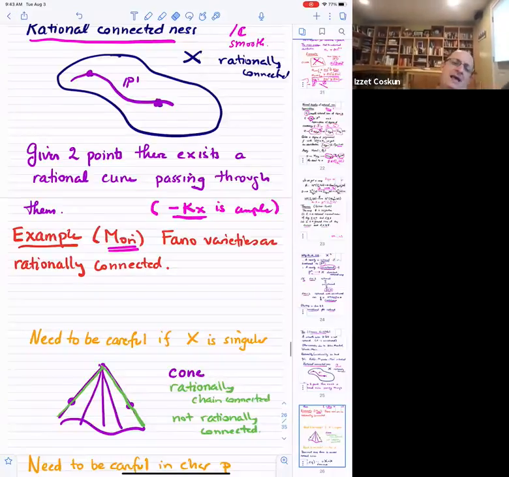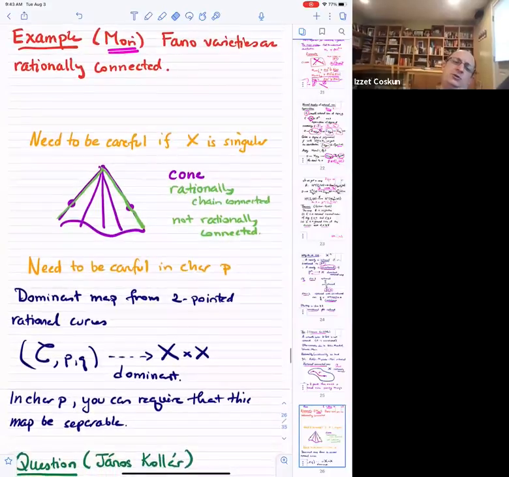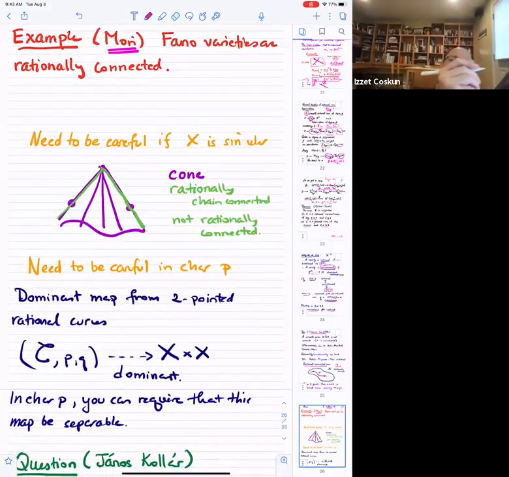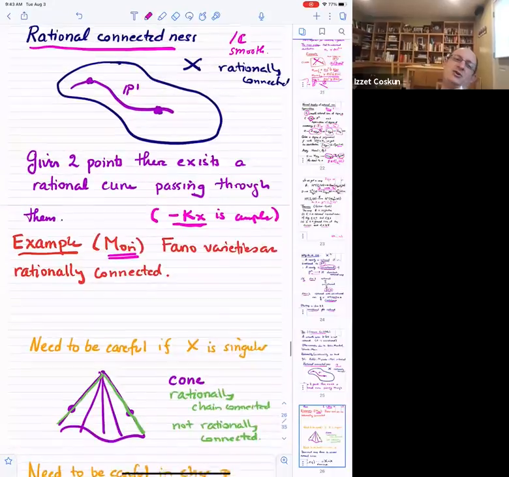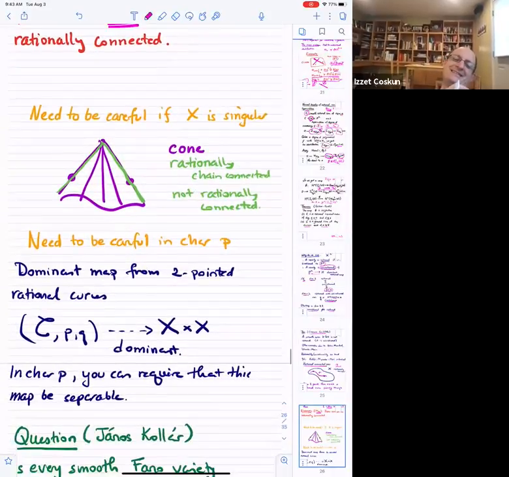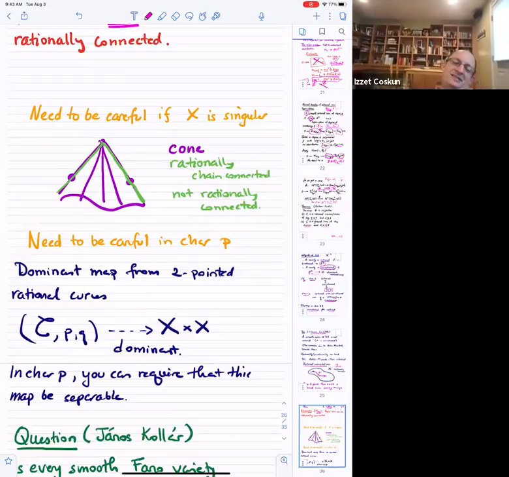Let me warn you a tiny bit that you need to be careful when X is singular and the characteristic is not zero. For instance, rational chain connectedness and rational connectedness need not be the same if the variety is singular. For instance, you can take a cone over an irrational curve.